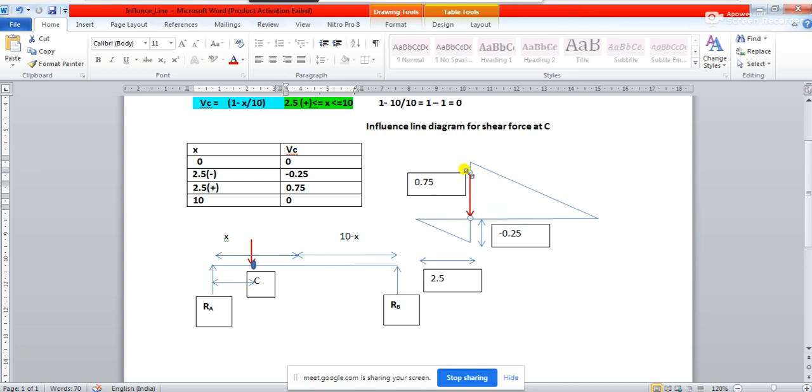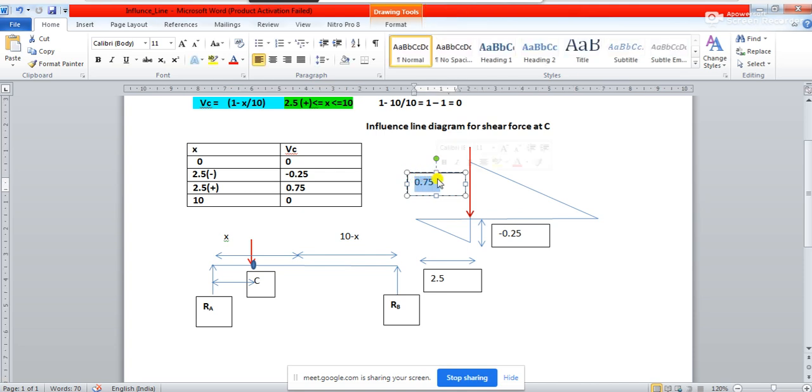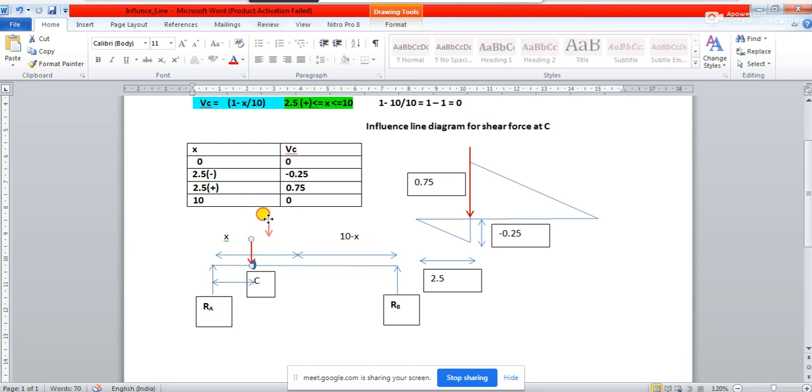This load value is 4 kilonewton, and this 0.75 ordinate of shear force we got because of this unit load.